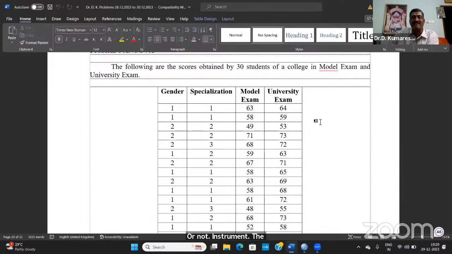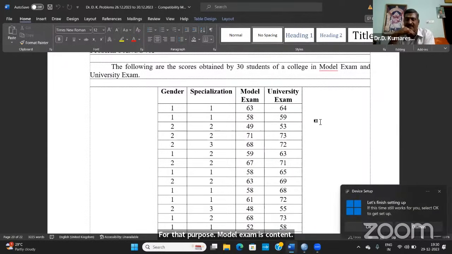We conduct the model exam to support the students, understand their level of performance and what measures to be taken by them to perform better in the university exam. For that purpose, the model exam is conducted.